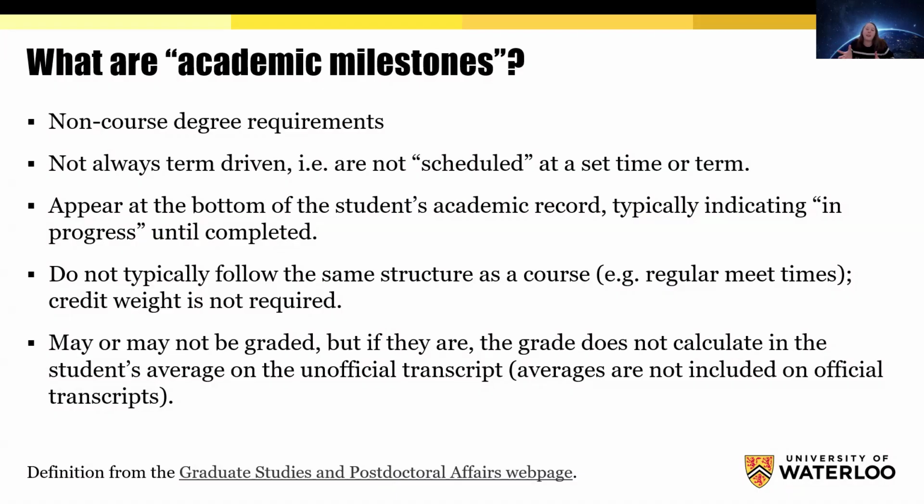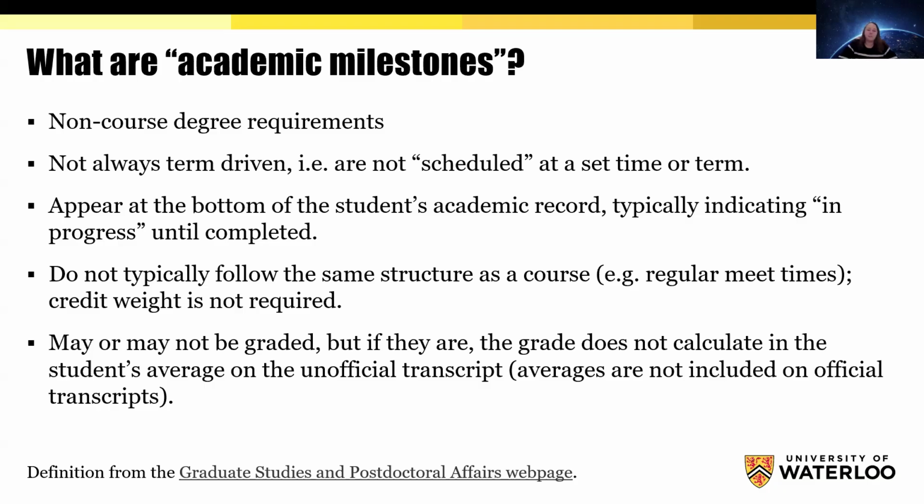For example, for comprehensive exams, many programs will say that you have to have it completed by term 7 or 8 or something like that. But it doesn't say this happens in this term. Again, some programs might be a bit more strict with that, but typically they're a bit more open, especially for the PhD students, because we're here a bit longer.